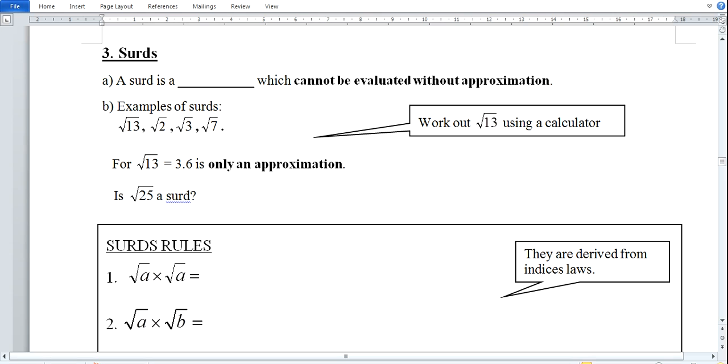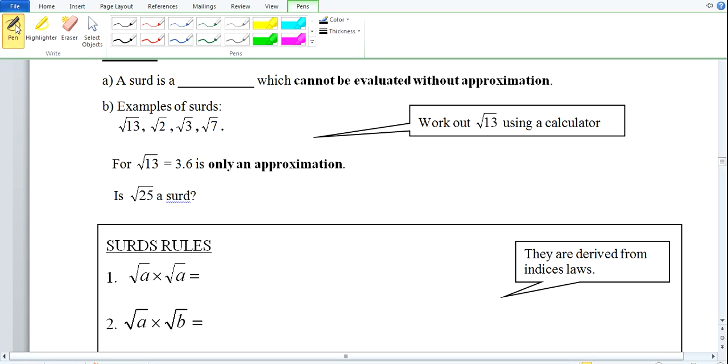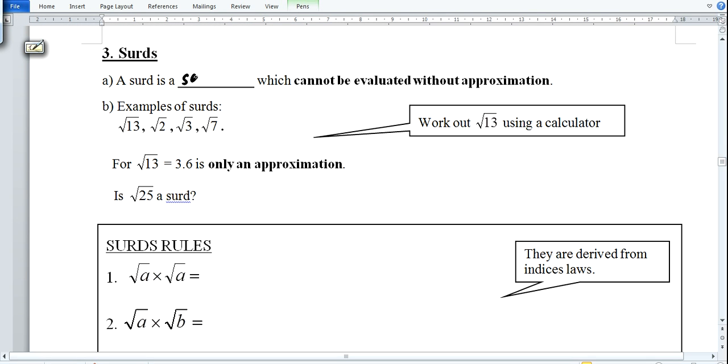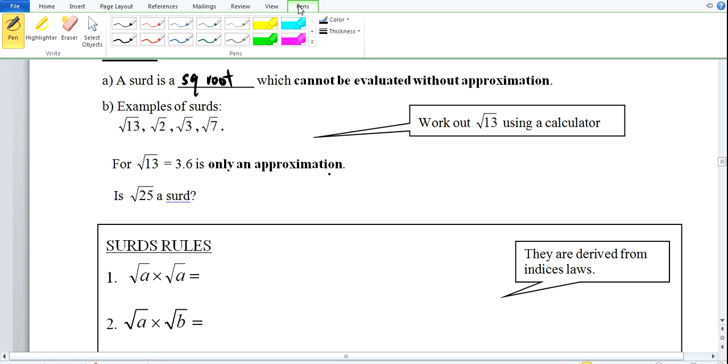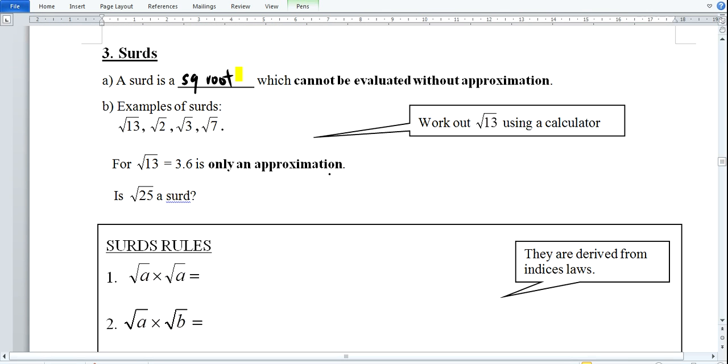So for today's lesson, we are going to talk about what surds are. Now, a surd is a square root which cannot be evaluated without estimation. What this sentence means is that it is irrational.